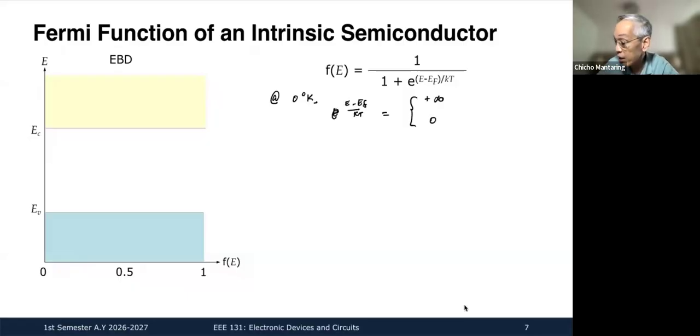At 0 degrees Kelvin, e raised to the (E minus EF) over kT is going to be either equal to plus infinity or 0. When will it be equal to plus infinity? May I hear from you? Kailan niya magiging equal to plus infinity?